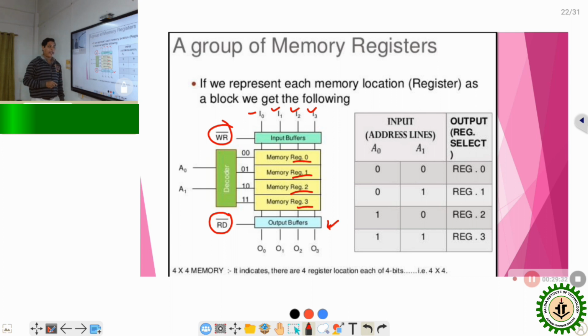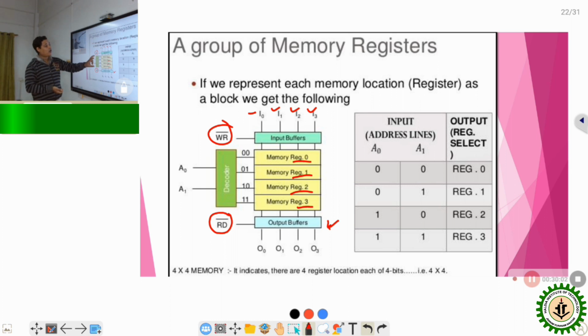But to access the different memory registers like register 0, 1, 2 or 3, we now require an address. Which particular location we want to access will depend on the address line. Properly we need to address the section which we want to access. That's why the address line is required.